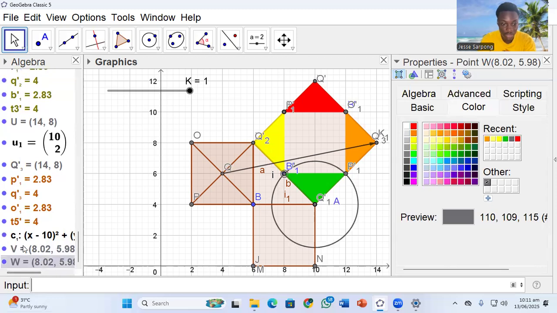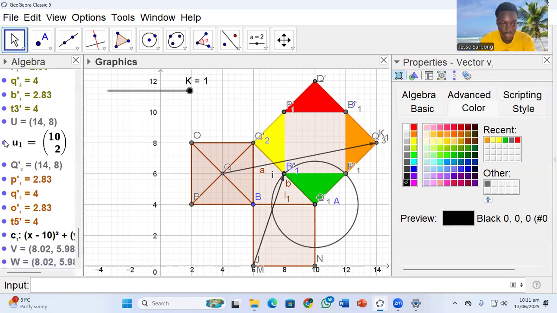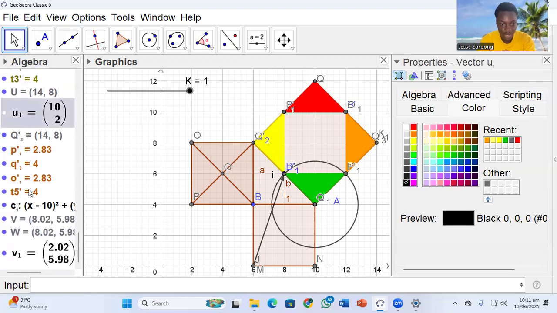So now we have another new point on the V point, which is now W. We do a vector with a new point, where our starting point will be J and our end point will be the new W. Let me deactivate this vector. So now you can see a new vector, which is V1.